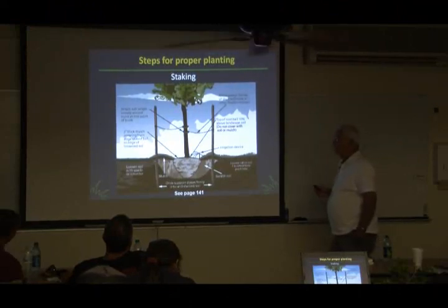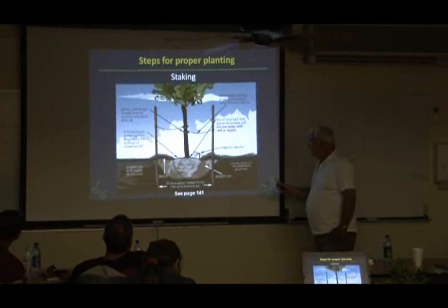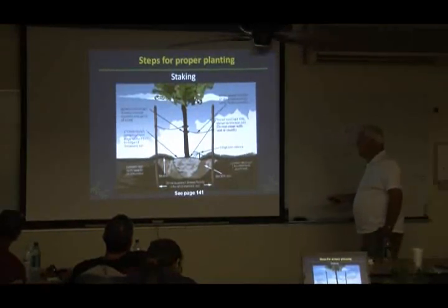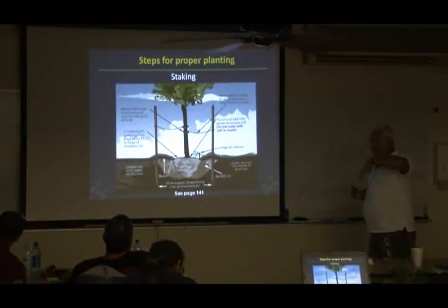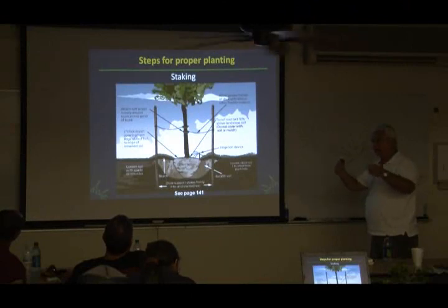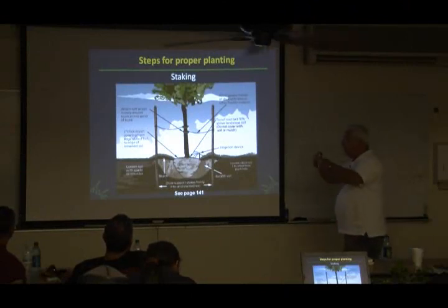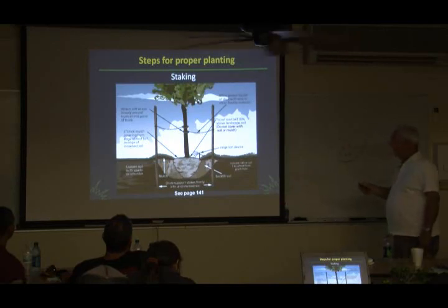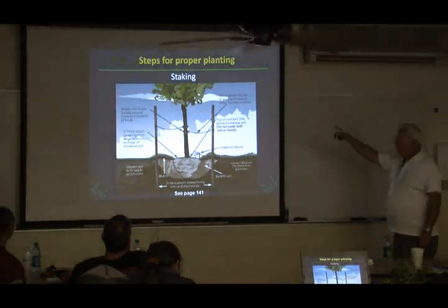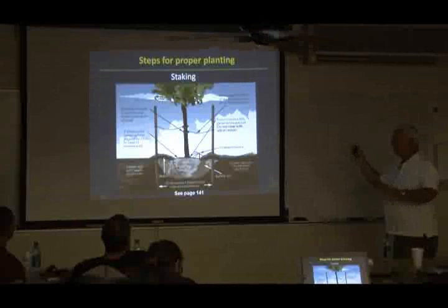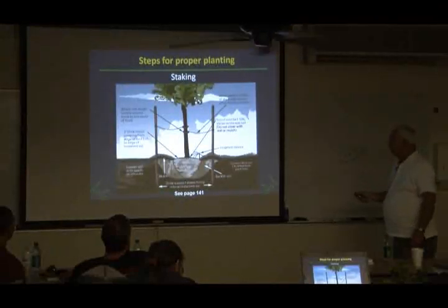Also, one way to do that is to make sure the ties have some slack in them so that there's movement this way. So it's not just strung tight, and that'll allow the movement, not only on the root ball, but also on the stem itself. That will strengthen the stem as well.